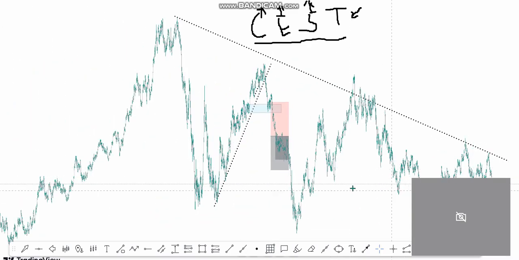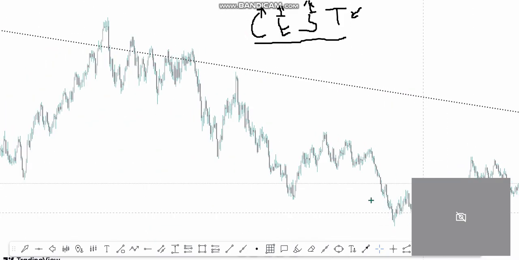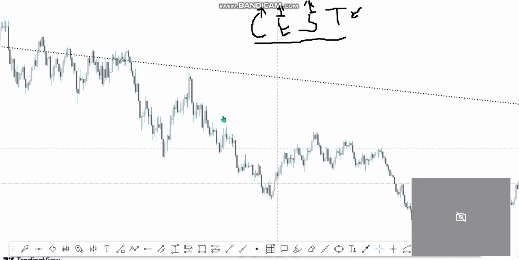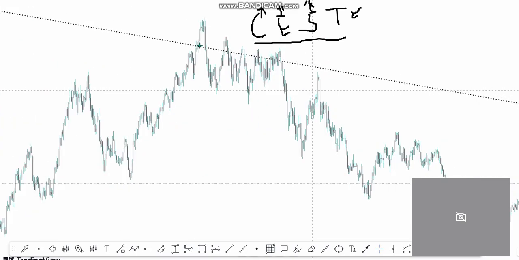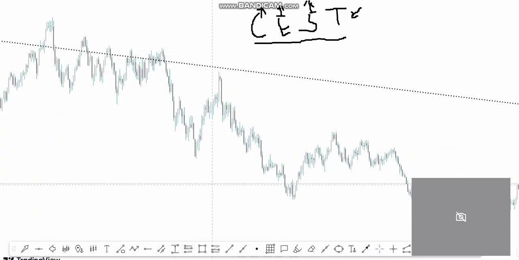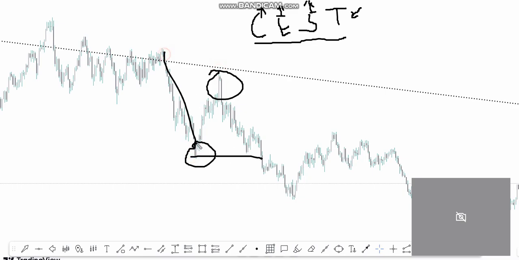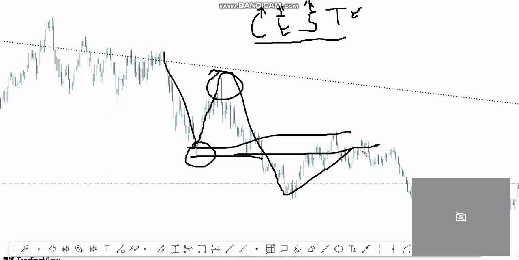If you look at the price, beginning from here, it was breaking structures. Let me show you guys. We had a low here, a low here, break of structure. Price pushes down, breaking the structures, rejecting from here, pulling back.